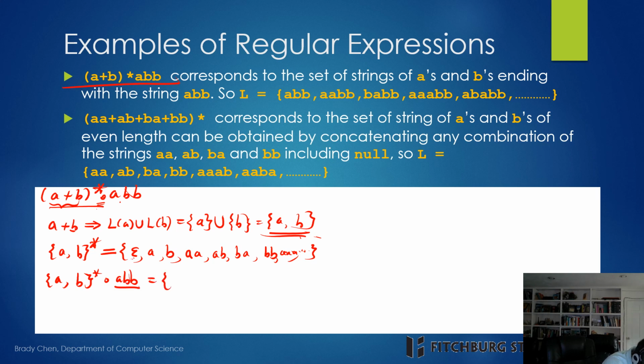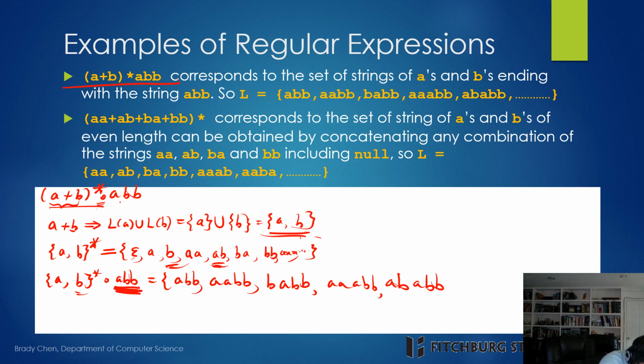Concatenated with a, we get aabb, and concatenated with b, we get babb. Strings always end with abb, okay? Or ab concatenated with abb, and so on.